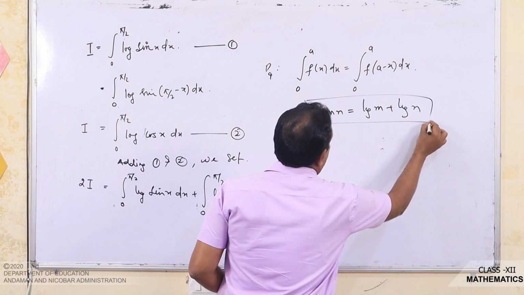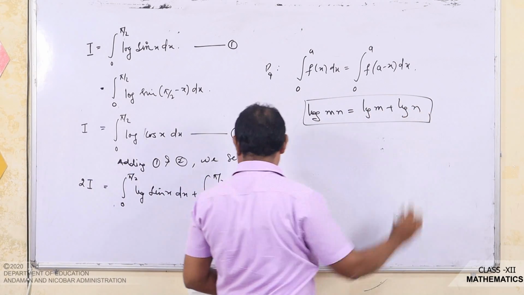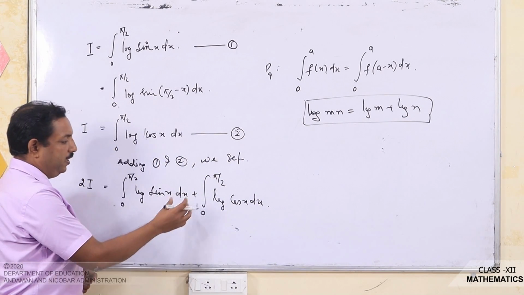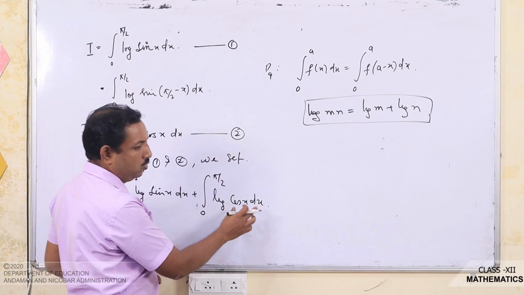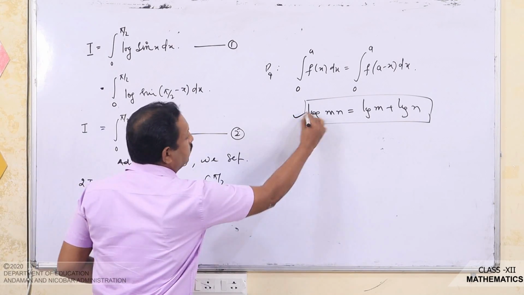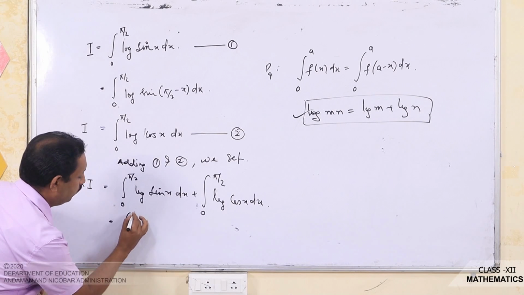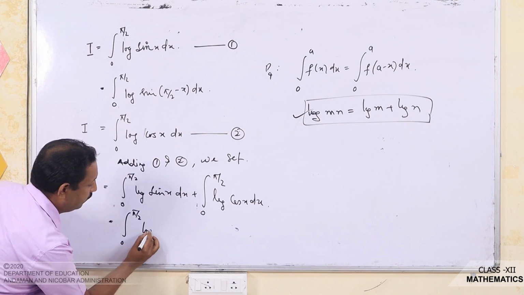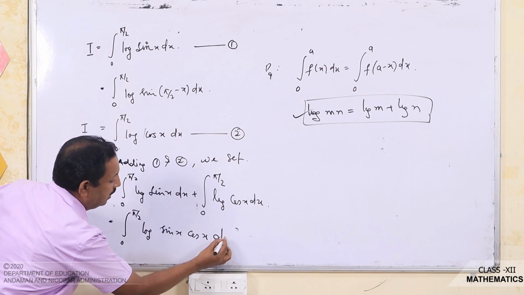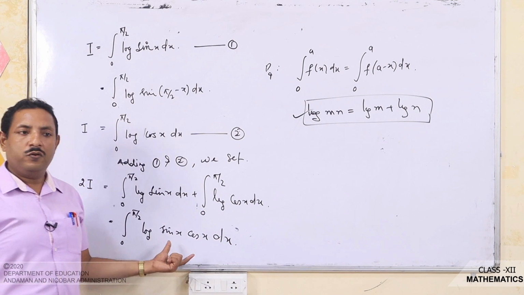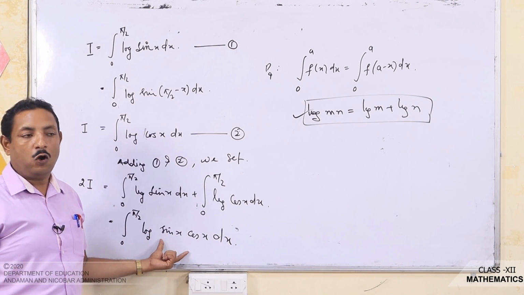I use that property here. So if we have log sin x and log cos x, this can be written as integration from 0 to pi by 2 of log of sin x cos x dx. Now, it seems to be the formula of sin 2x.